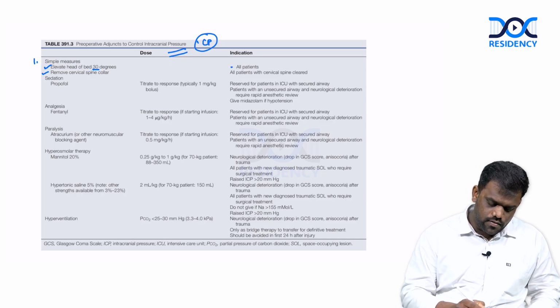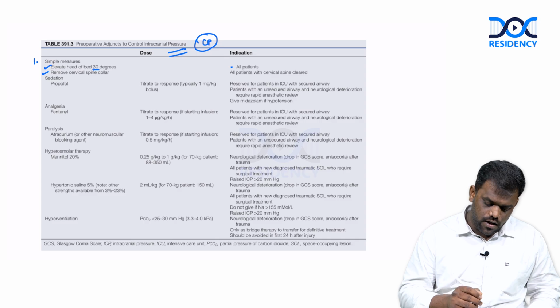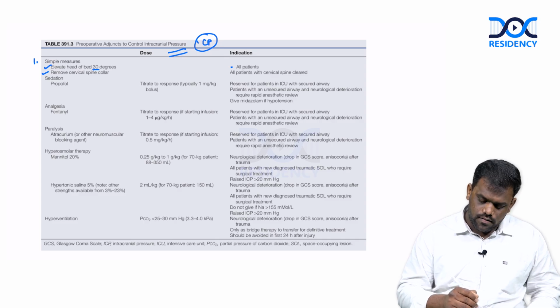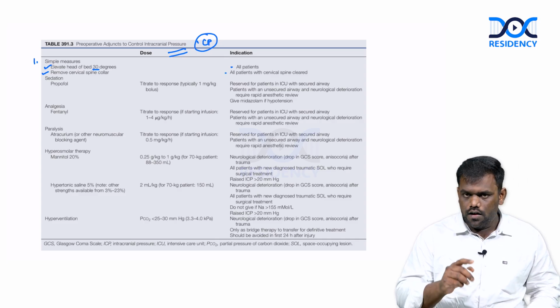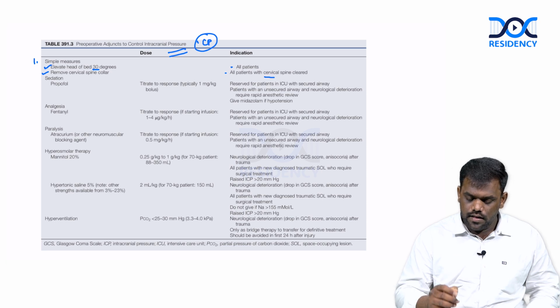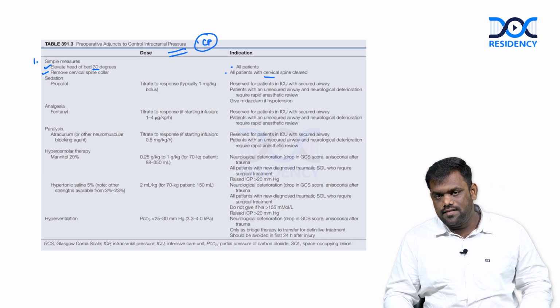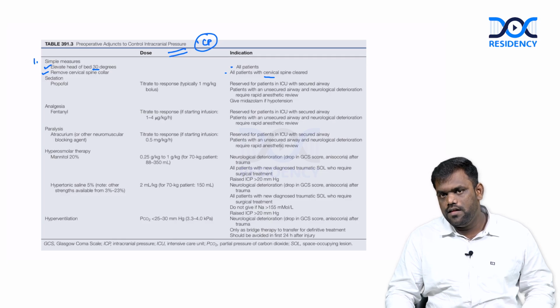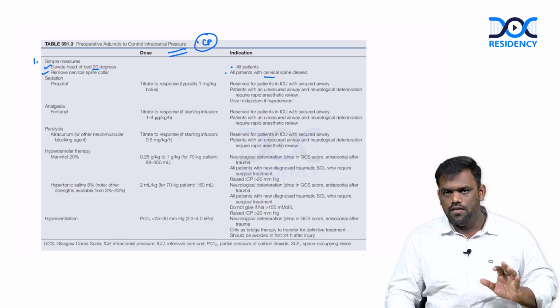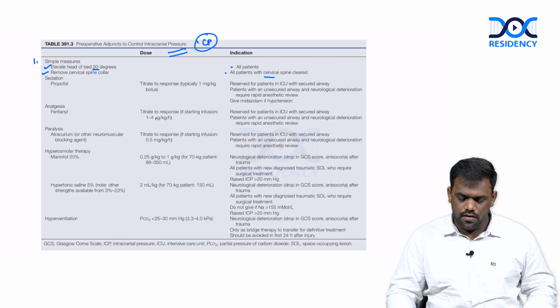And remove the cervical spine collar. It should be removed in all patients except where you suspect cervical spine fractures. In cervical spine fractures, you should not remove the collar. That we all know already.